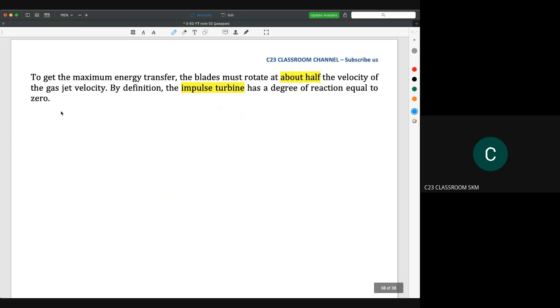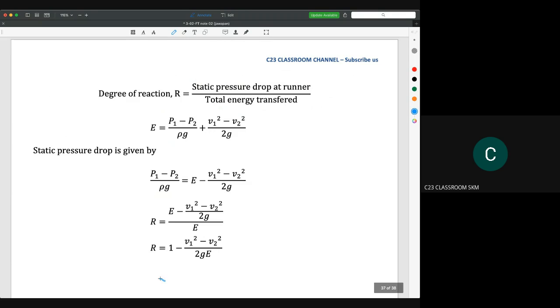This might be the final term, the relation between the velocity and the energy. Sometime last time, maybe three years back, we asked students to prove the equation for degree of reaction. So I hope students could at least remember this step and do the derivation in the exam.